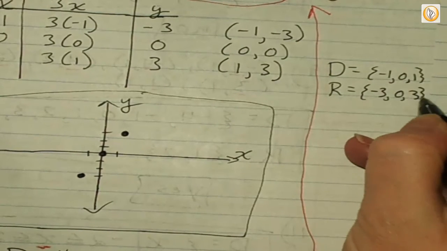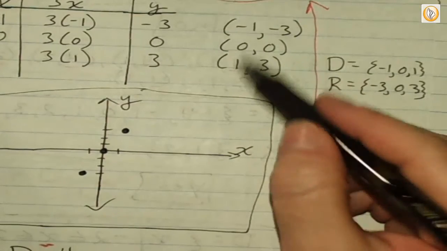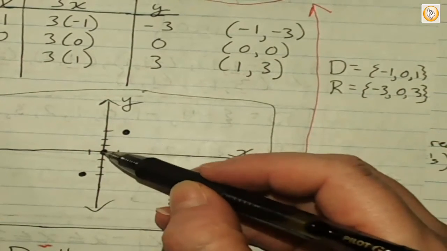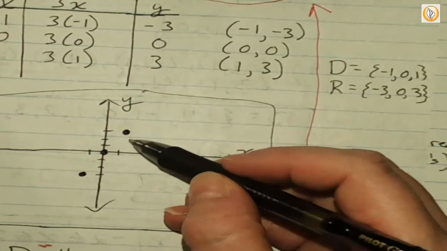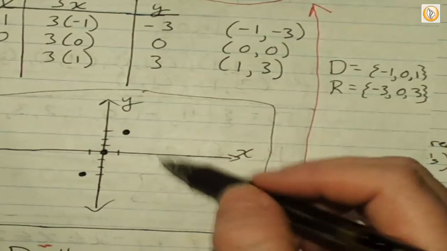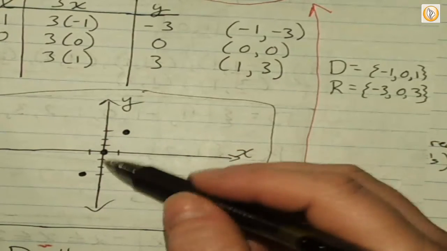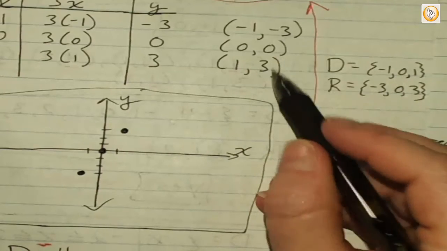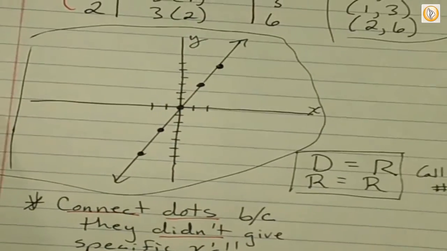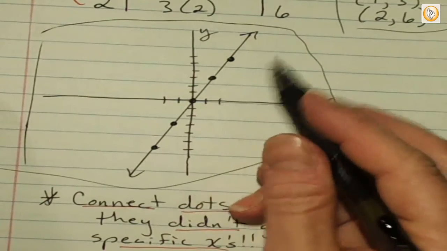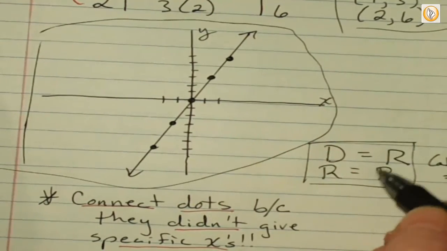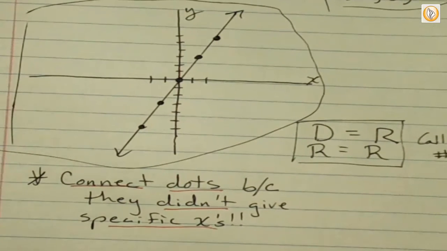That's right. Because they gave you specific x's, so we have just these 3 ordered pairs. So the domain for this graph is these specific x's and the range these specific y's. Whereas this one, because they did not give us specific x's, it could go on and on forever. So it's all real numbers. Do y'all see the difference?